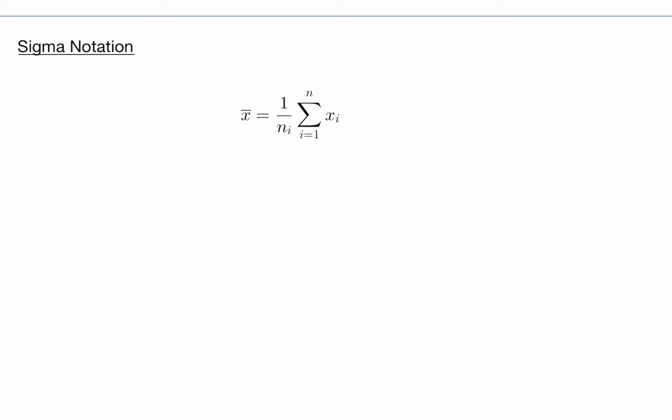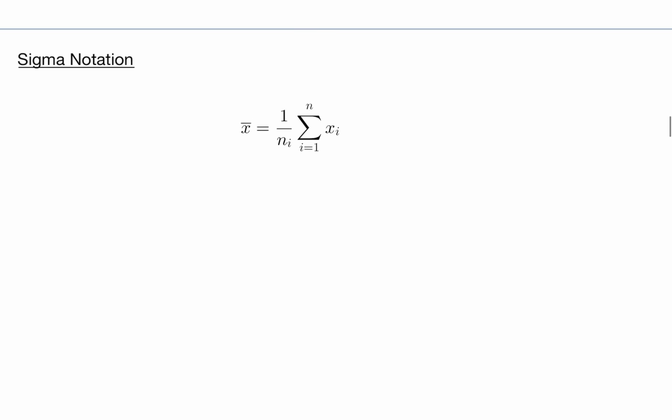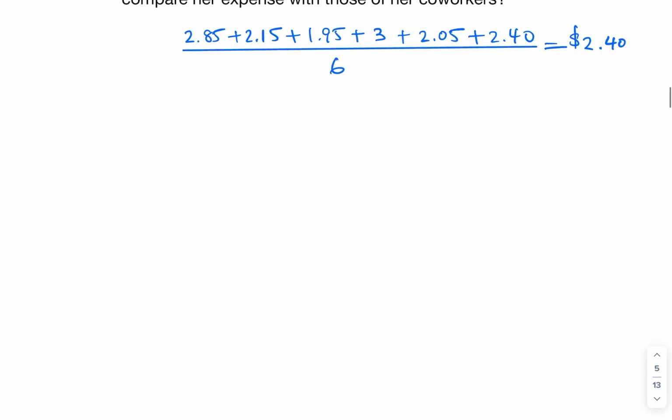And then i equals 1 means that we're going to start with the first term, and we're going to go all the way out to the nth term. So in the previous example, if there are 6 terms, we're going to start with the first term, and we're going to go out to the 6th term. And then x sub i will be each term. Okay, so in the previous example, I think we had 285 and 215, right? So let me go ahead and copy this here.